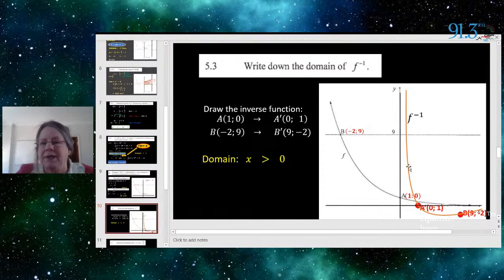And they're asking for the domain, and we can clearly see, and we could have written down this answer immediately, but I try to explain to you the specific property of a log function. So your x values can only be greater than 0. So we will find x values over here.